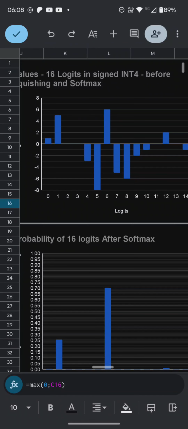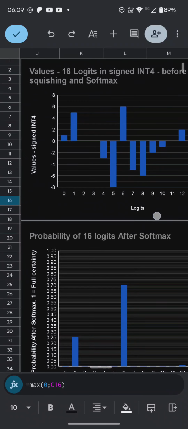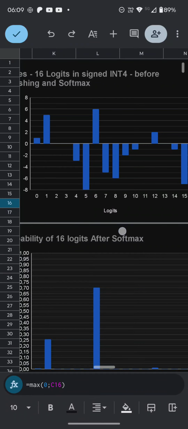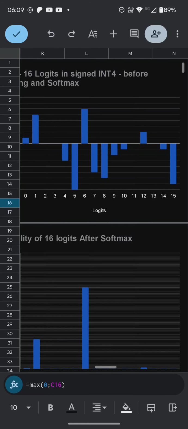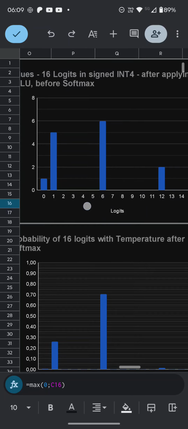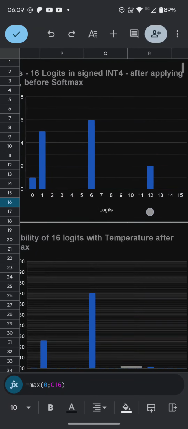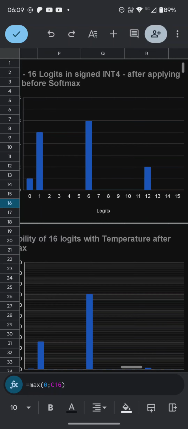Let me show it to you on the graphs. Here you have the values before squishing, before applying ReLU and softmax. Here we applied ReLU, so we see that only 4 logits have a positive value after ReLU.